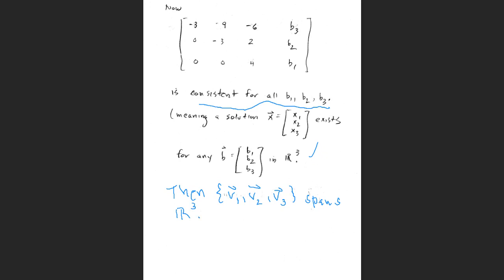Just like the vectors i, j, and k span R cubed, these vectors also span R cubed. Any vector in our three-dimensional space can be written as a linear combination of those vectors v1, v2, v3. That's correct, Mikhail. That's exactly right.